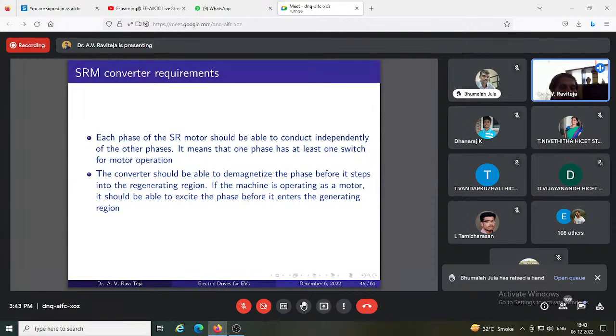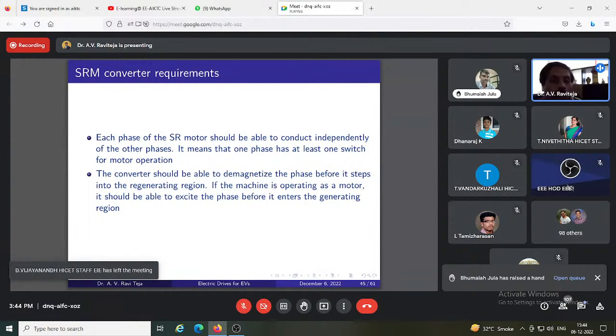Okay. So then we concentrated on the converter, because we got the control algorithm and now the converter. For an induction motor, the converter was straightforward. It is a three-phase inverter simply. But here it is a special kind of motor, and we also saw that you have to energize and de-energize every phase according to the inductance profile and cleverly do that, and how fast the current dies down or how far the current rises up will have a direct impact on the torque ripple.